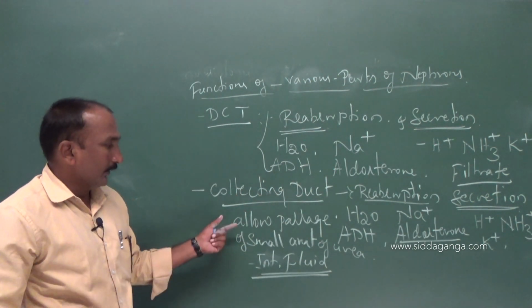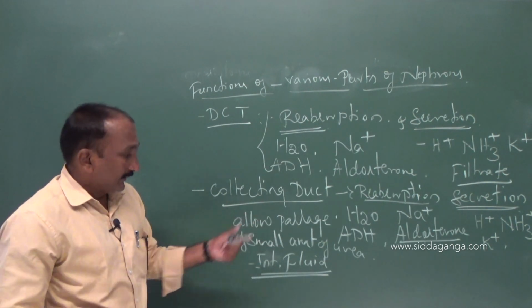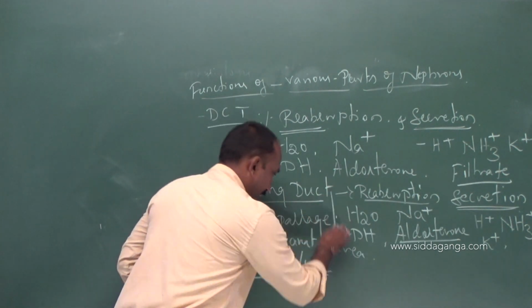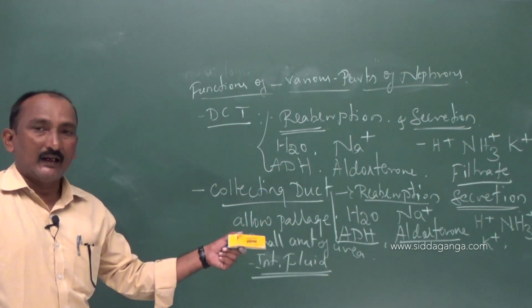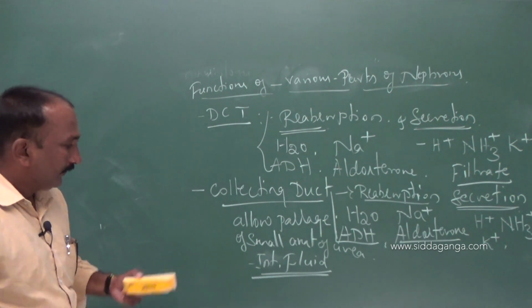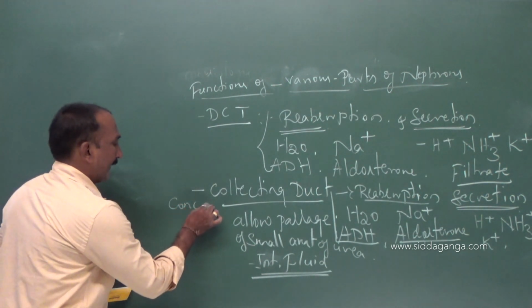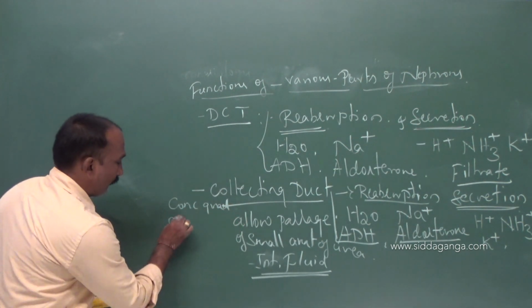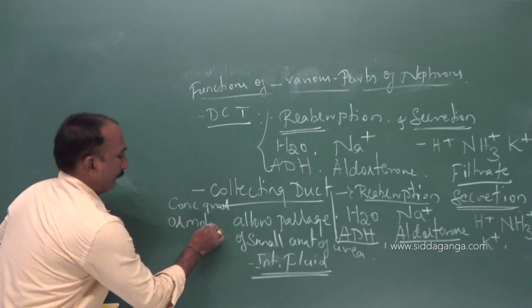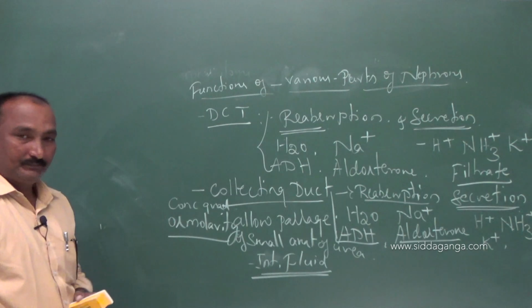Along with that, it allows the passage of a small amount of urea into the interstitial fluid so as to maintain the concentration gradient, that is the osmotic concentration, or it may be called osmolarity.